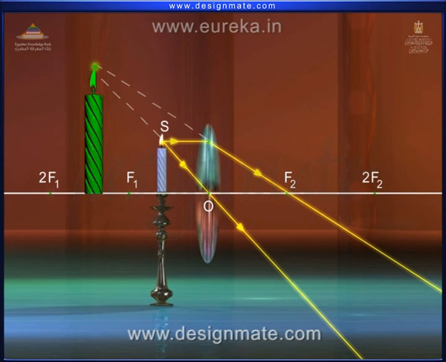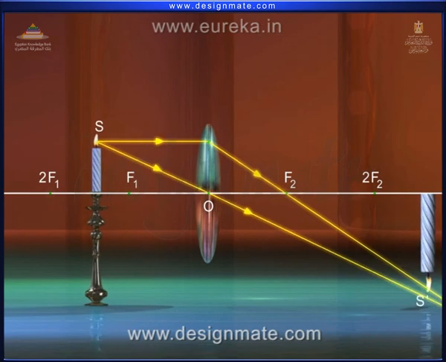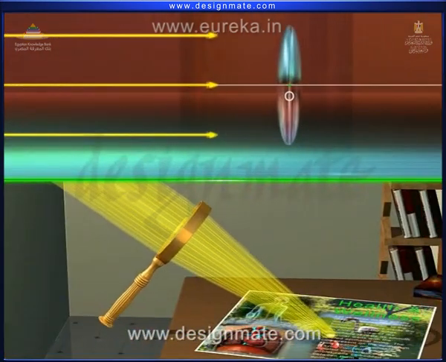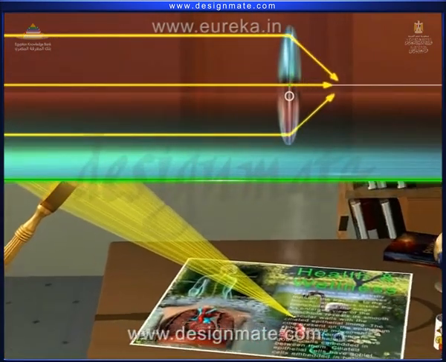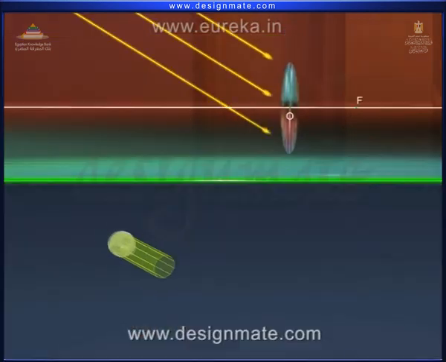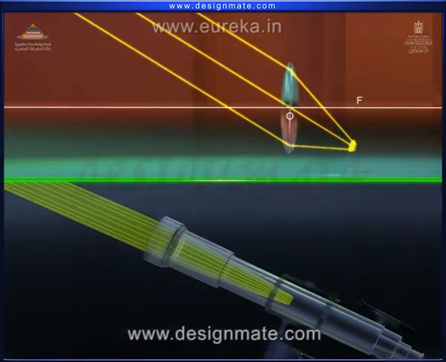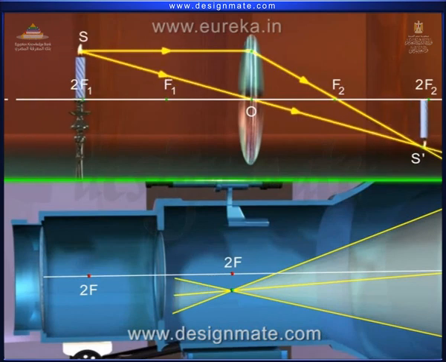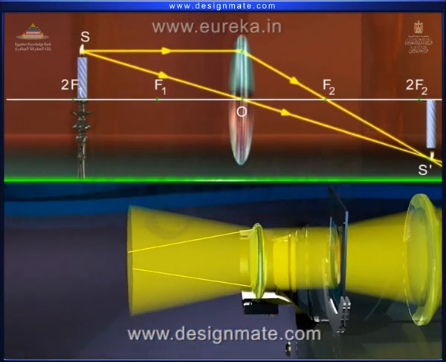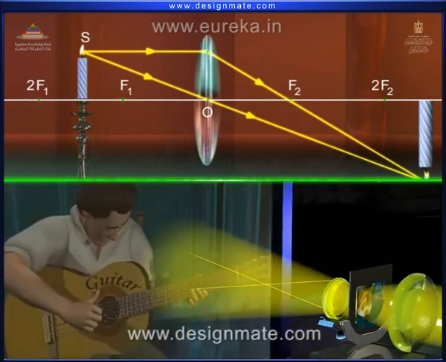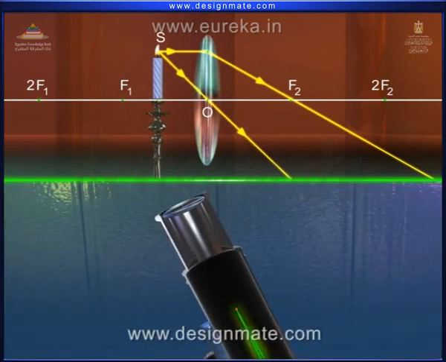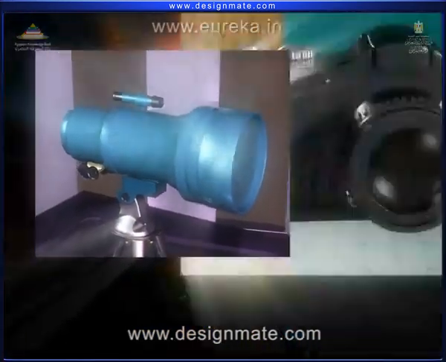We have also understood how these image formations can be applied for practical purposes using various optical instruments, like burning glass, astronomical telescope, camera, terrestrial telescope, slide projector, spotlight, and compound microscope. Later on, we will study these instruments in detail.